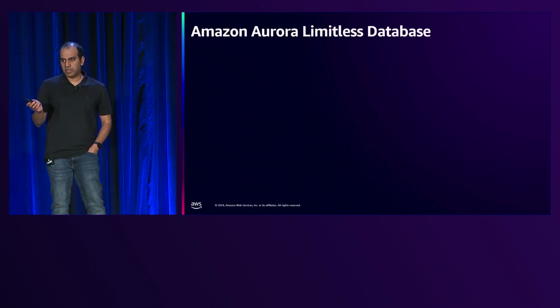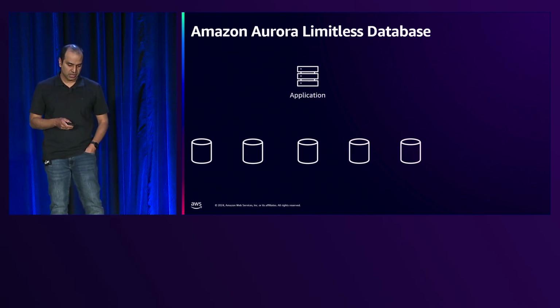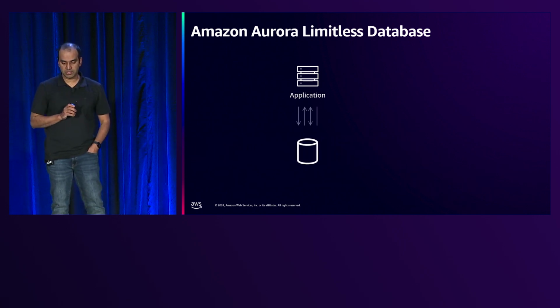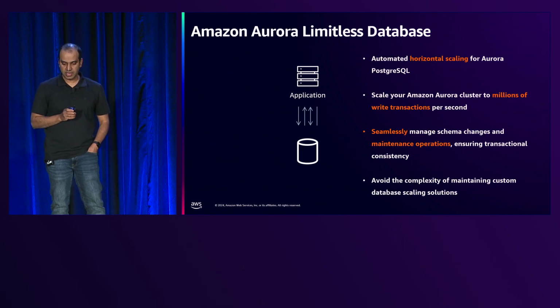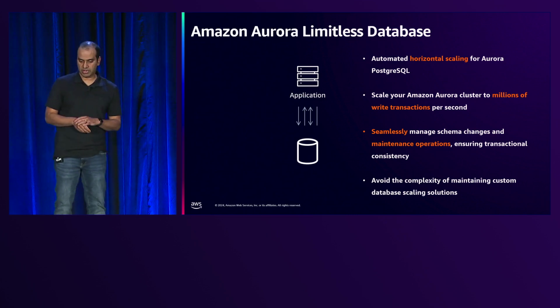So to overcome all those challenges, this is where we have the Limitless Database, specifically for the Postgres database engine, where you don't have to manage or create all these different shards. All you have to do is hit a single endpoint or a single interface, and Limitless Database for Postgres will do the horizontal scaling for you. So it's a managed service that does it for you. Limitless Database can scale to millions of write transactions per second.